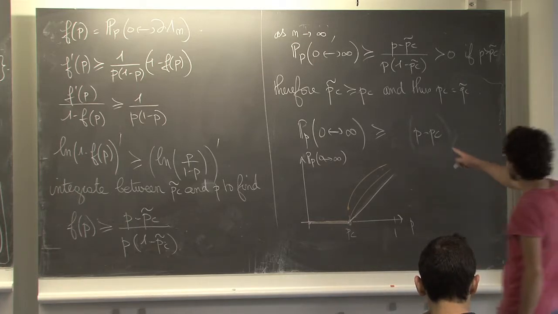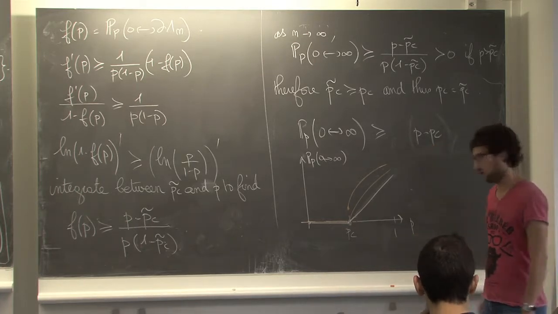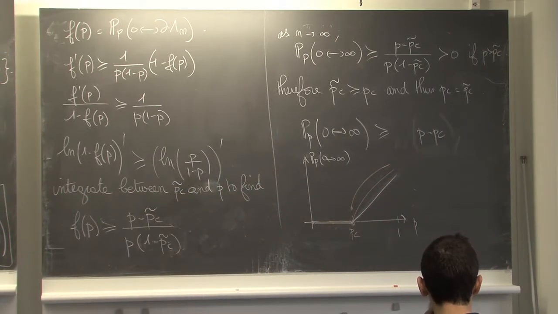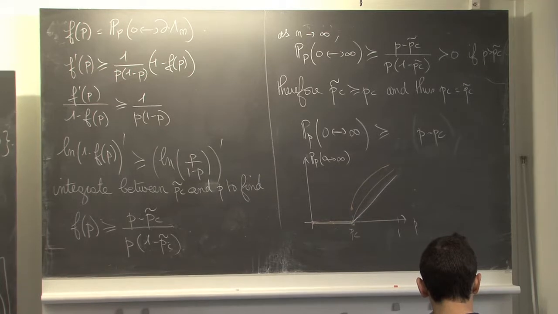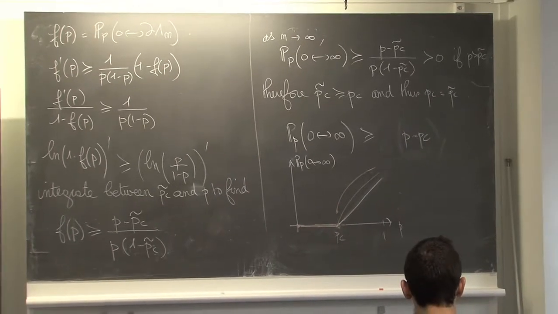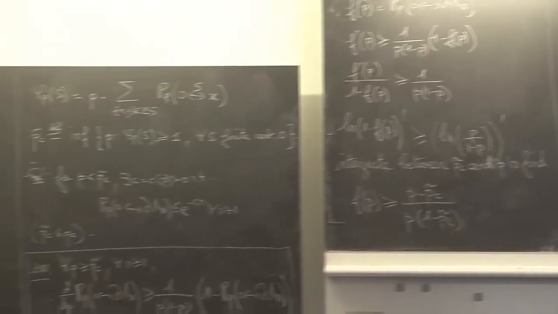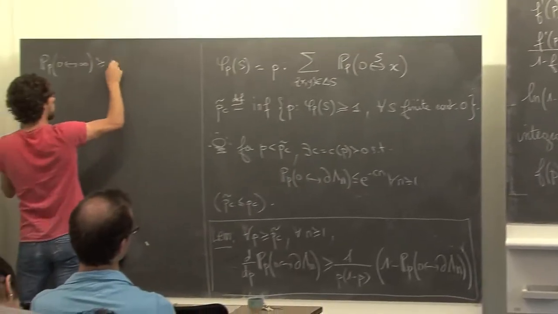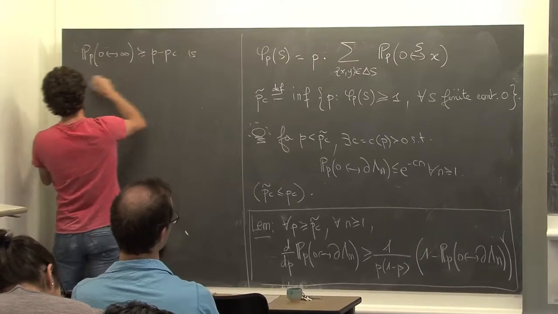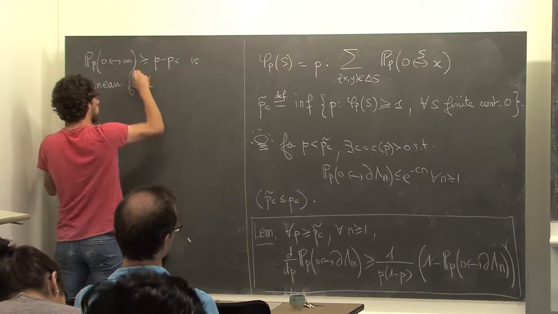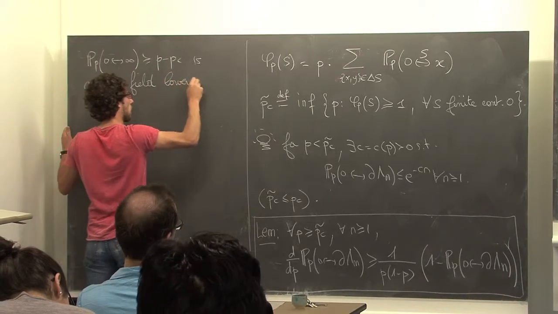So this is what we call a mean field lower bound on the blow-up. So the probability that 0 is connected to infinity is larger than p minus pc is a mean field lower bound.